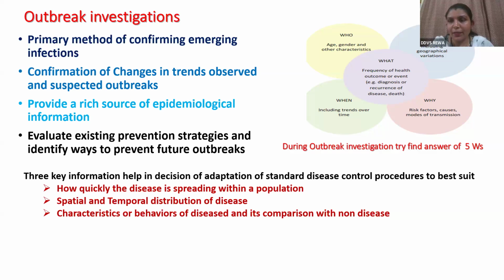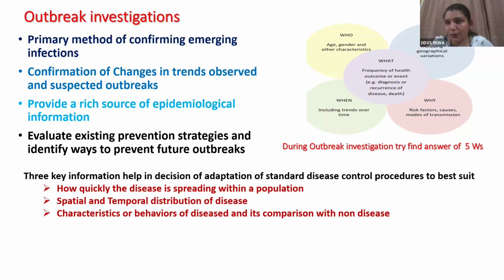These 5 Ws are: who is affected, when and where the disease is occurring, and what is the number of cases that may arise due to this disease, like incidence, prevalence, or case fatality, how many individuals may die because of this disease.